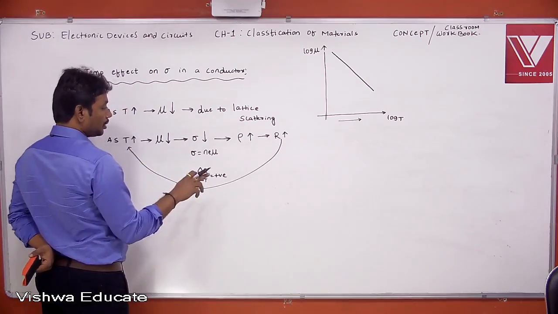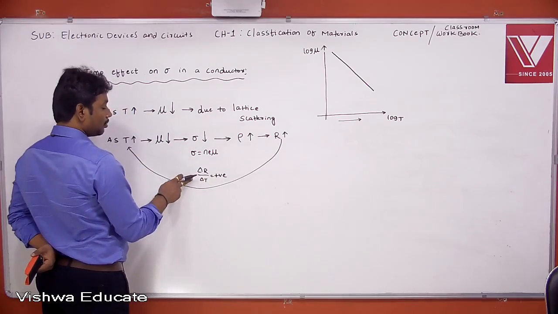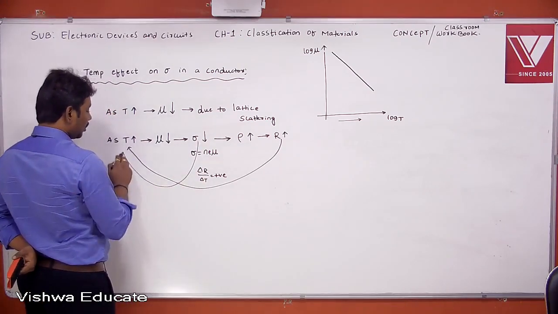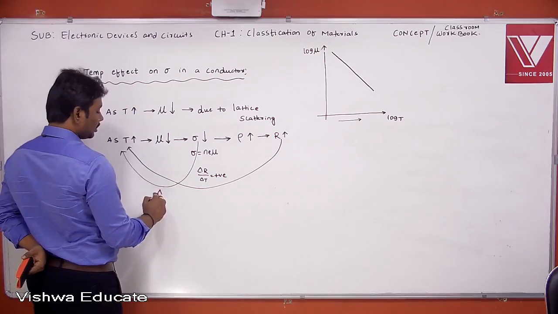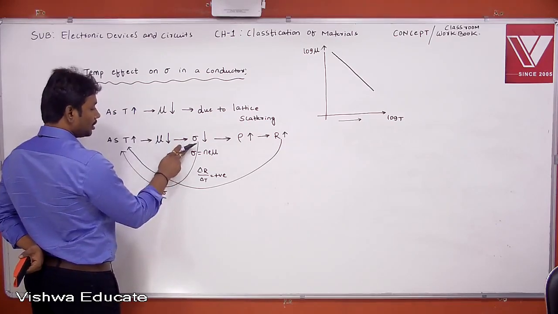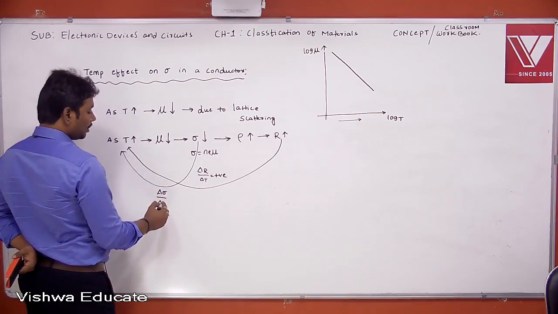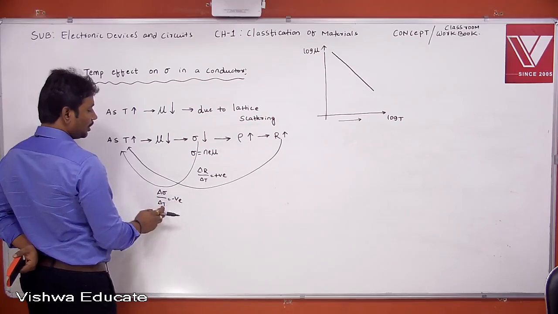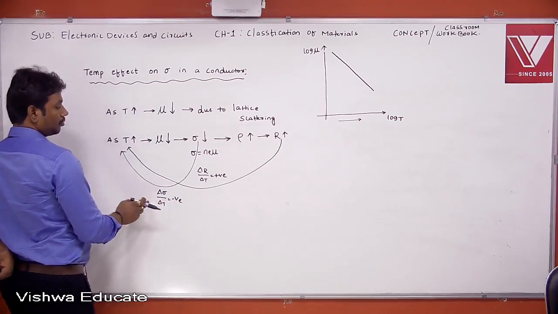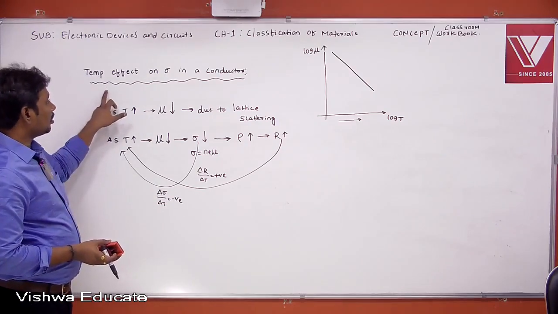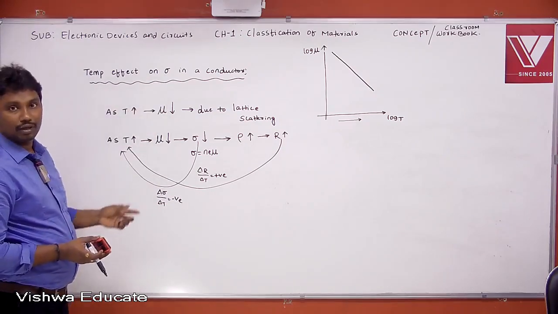With respect to resistivity and resistance, it exhibits positive temperature coefficient, and with respect to conductivity, the conductors or metals exhibit negative temperature coefficient. That means the conductivity is decreased because of increasing temperature, right? That means delta sigma by delta T is negative. This is the effect of temperature on conductivity in a conductor.